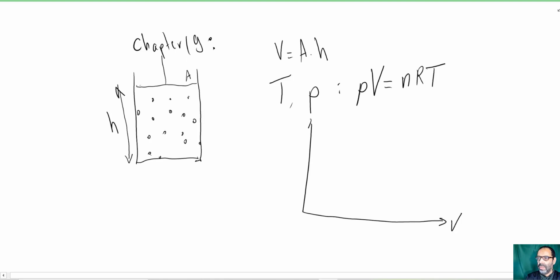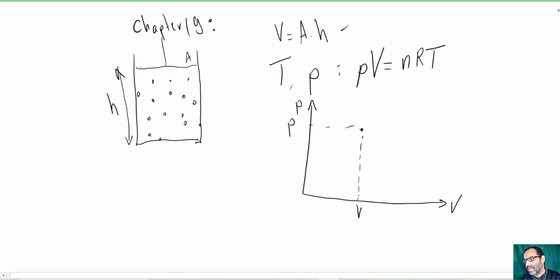This is volume, this is the pressure. At this point, the volume is A times h, and this is the pressure that the gauge has measured for me. I know the temperature exactly for this gas, given by PV divided by nR. So we know all the state of this gas.